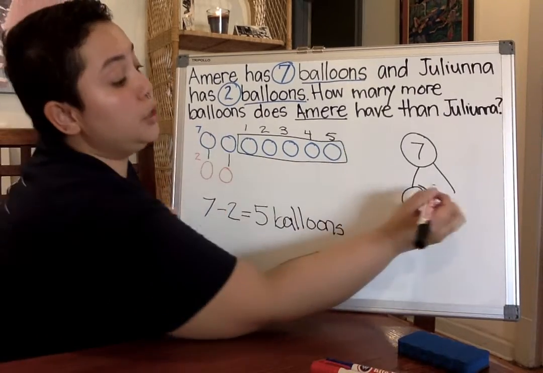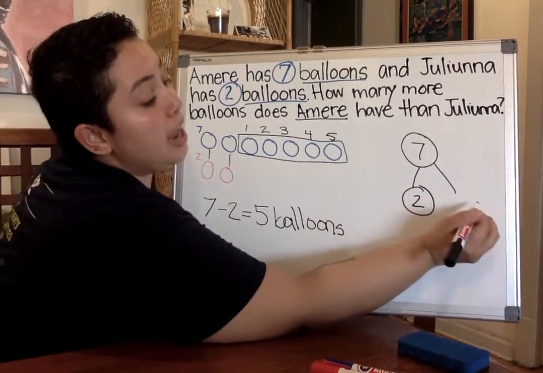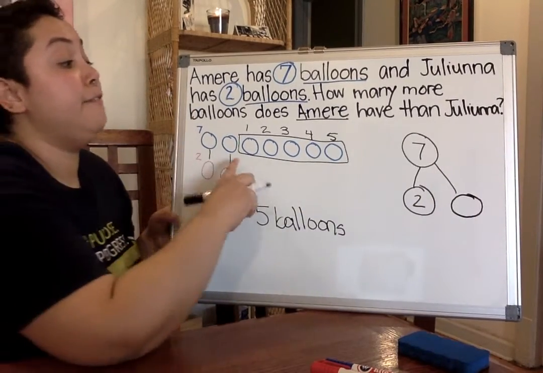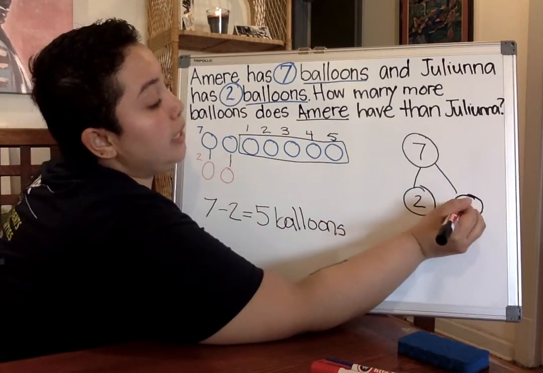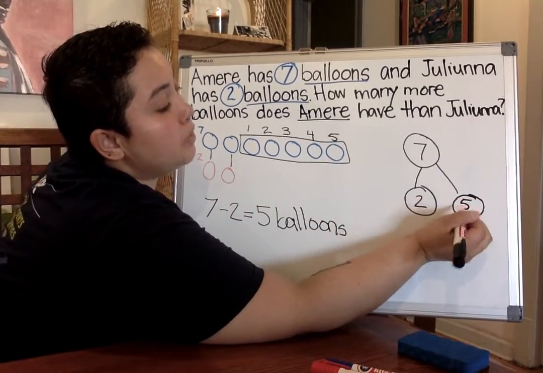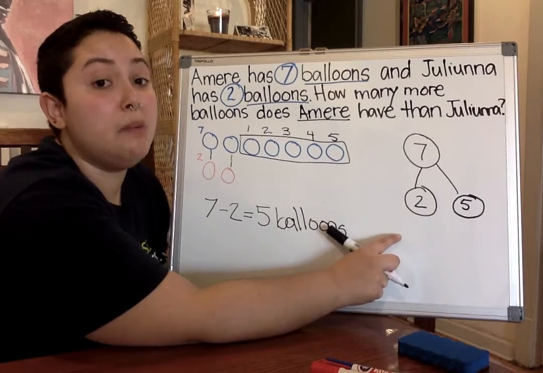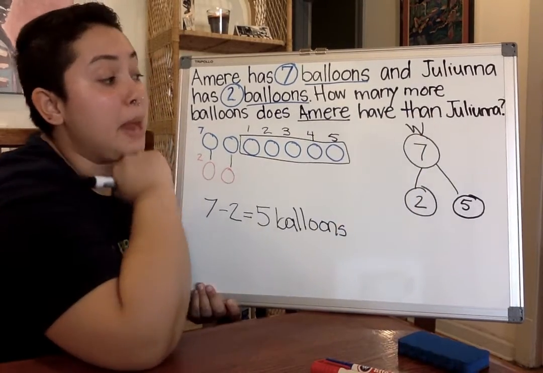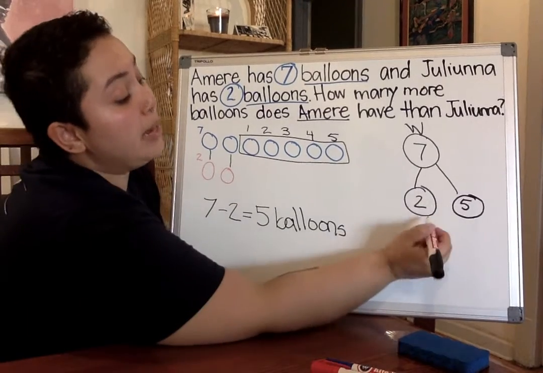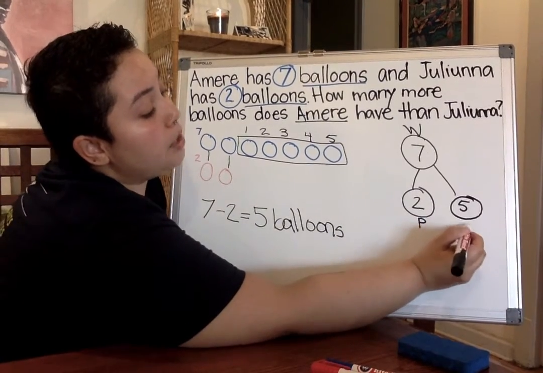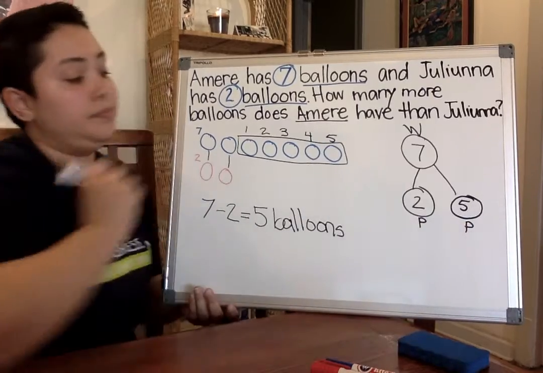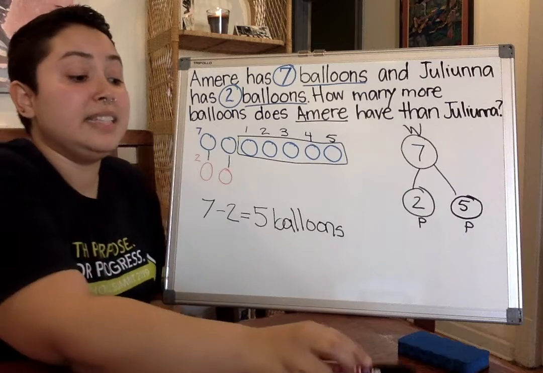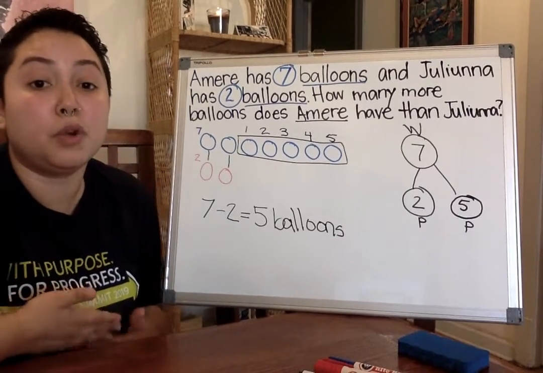Amir has 2 balloons that match Juliana's, and he has 5 balloons more than Juliana. So these are how many balloons Amir has altogether. I know that my big number is my whole, and my 2 smaller numbers are my parts. Now, take a moment to finish up your work before we start something new.